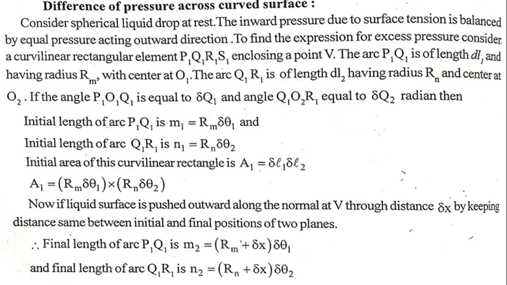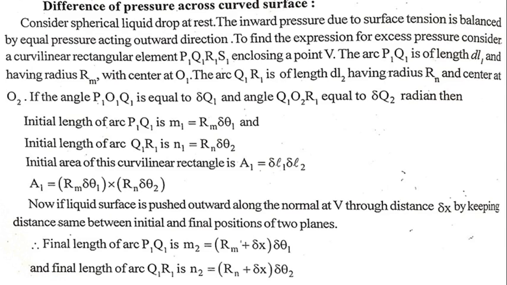Now see, to find the expression for excess pressure, consider a curvilinear rectangular element P1 Q1 R1 S1 enclosing a point V. The arc P1Q1 is of length dl1 and having radius Rm with center at O1. The arc Q1R1 is of length dl2 having radius Rn and center at O2.